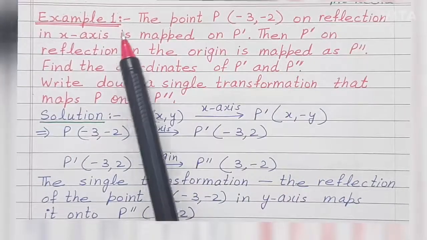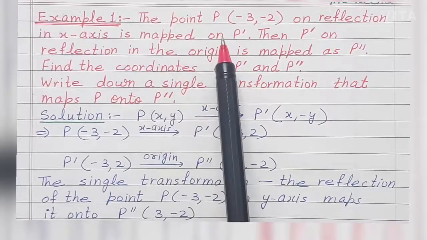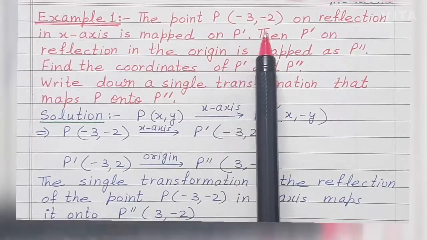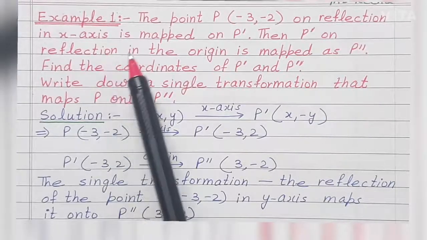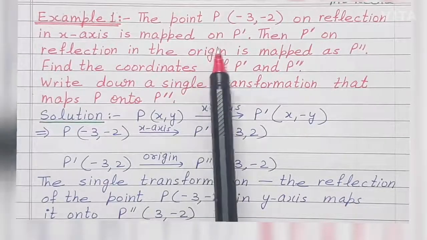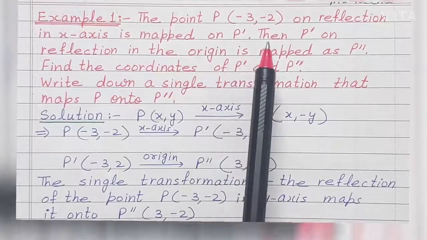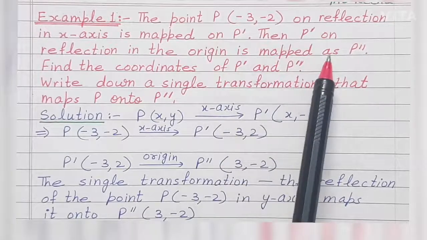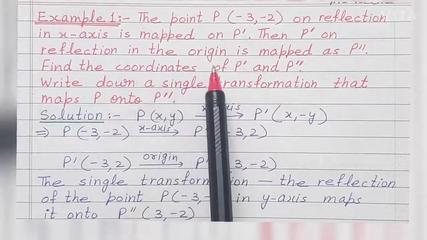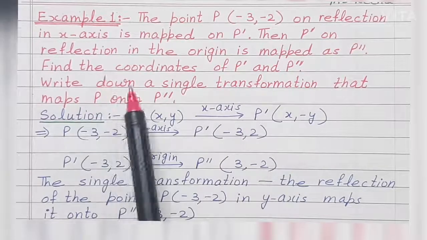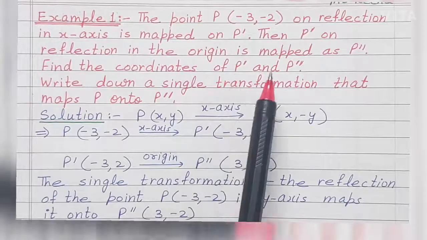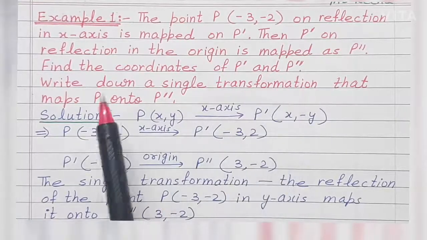Example 1: the point P (-3, -2) on reflection in x-axis is mapped onto P dash. Then P dash on reflection in the origin is mapped as P double dash. Find the coordinates of P dash and P double dash.